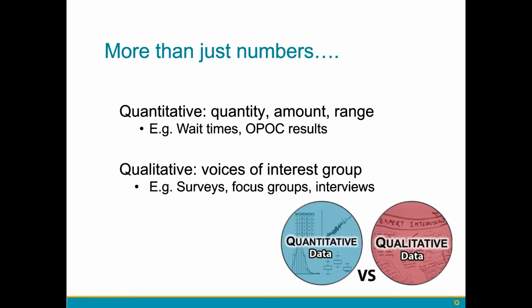My colleague, as Ash mentioned, Chris Sullivan, who is here, will be showing you a live demonstration of the OPOC portal, where you can see the different areas where you can see these different types of data, both the comments that the client users may be putting in, as well as the numbers from their perception of care. So that gives a very good understanding of both types of data. And this plays a very big role in your quality improvement plan, how you are defining those measures, as we will see shortly.